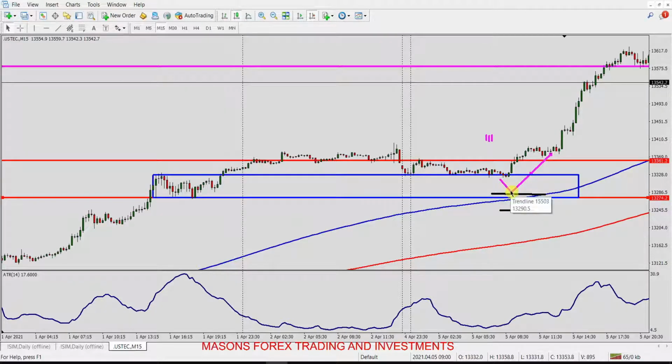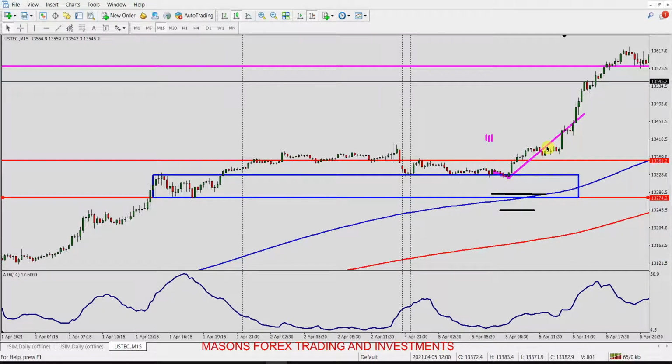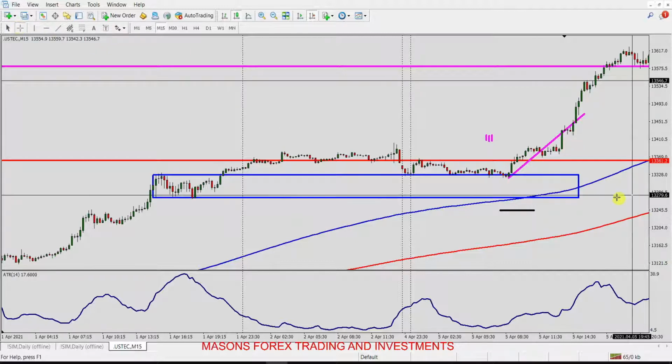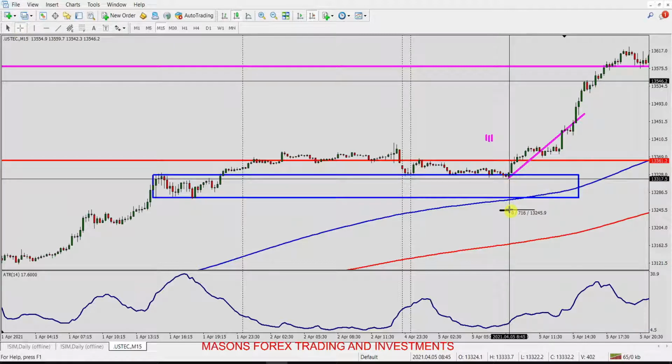So if we decided to enter at this current point, and this pink line is, if we decided to enter at this line or this point here, and you measure, it's now 716 pips.